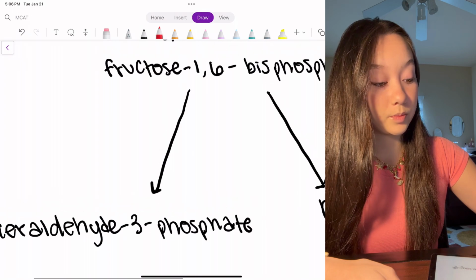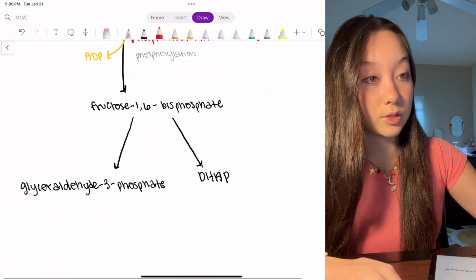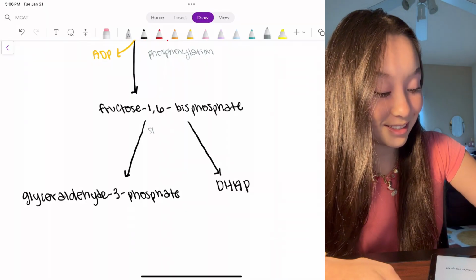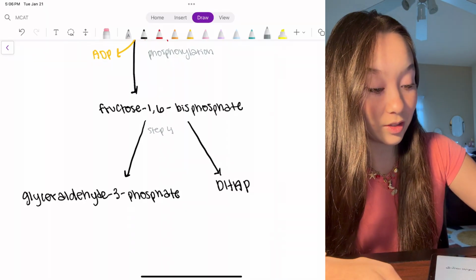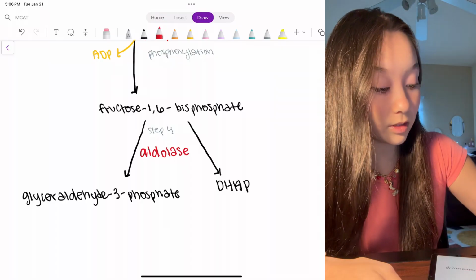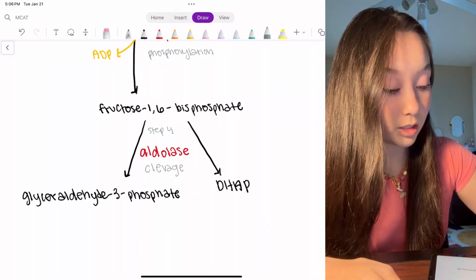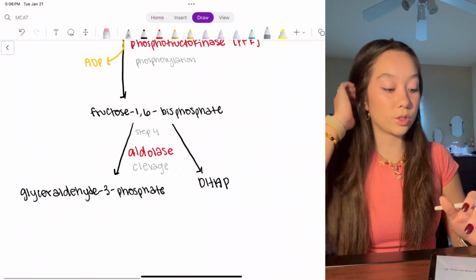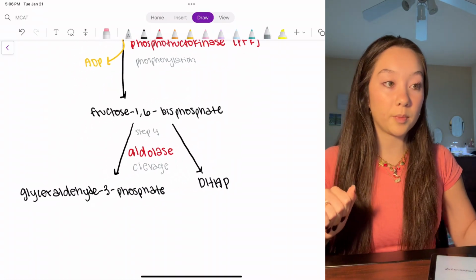And so, the enzyme that catalyzes this reaction, step 4, let's write that. Step 4 is called aldolase. And this is a cleavage because we're taking this 1 fructose 1,6-bisphosphate and we're splitting that up into glyceraldehyde 3-phosphate and DHAP.